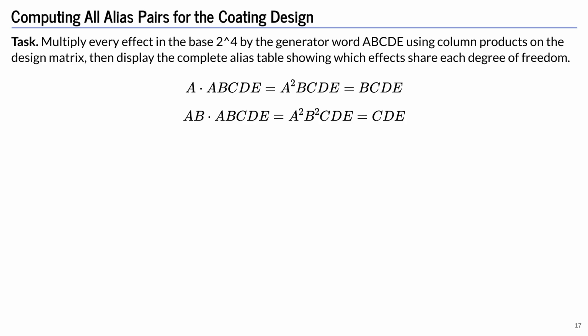If the alias is a 3-way or higher interaction, and if you believe sparsity holds, then theta alias is approximately 0 and the estimate is essentially theta x. You attribute the estimate to the lower order term. If both terms in the alias chain are two-way interactions, you cannot make that attribution. Both are plausible, and you must report the ambiguity.